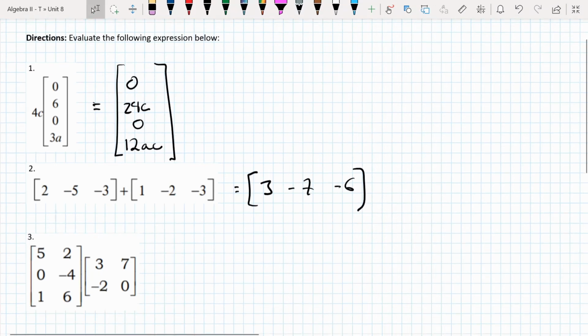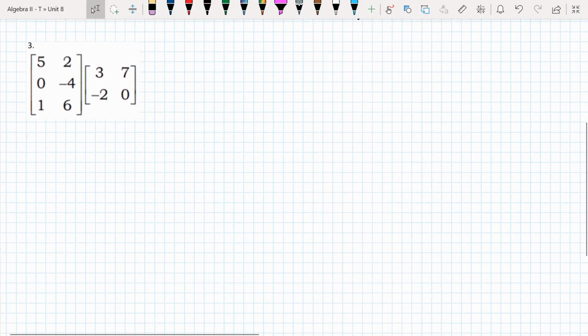Okay, this is where it gets a little tricky again. Now let's try this matrix multiplication. I really encourage you to try this on your own before going through the key in the video. Remember, it's always rows and then columns. This is a 3-row by 2-column matrix, and this is a 2-row by 2-column matrix.